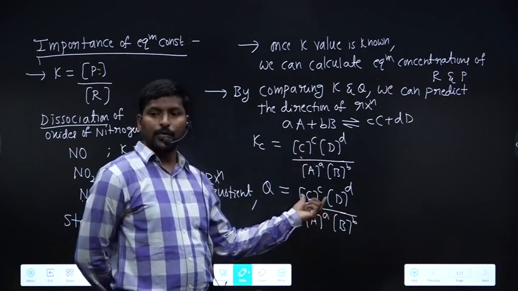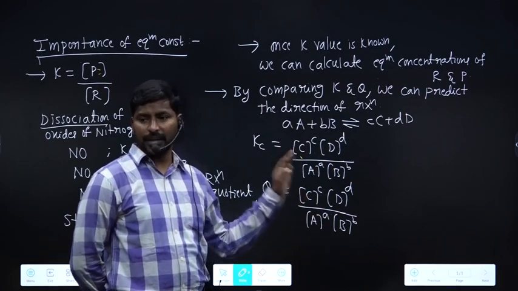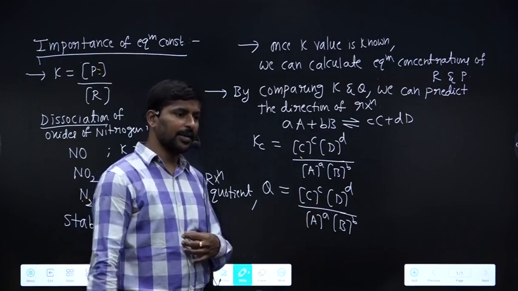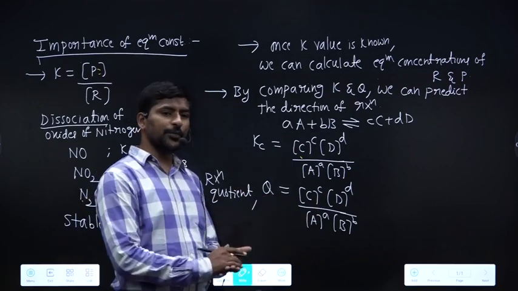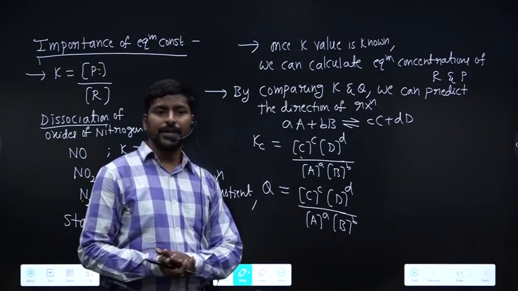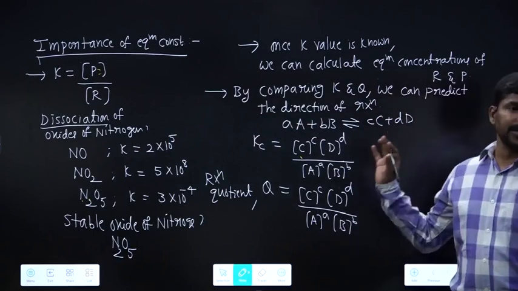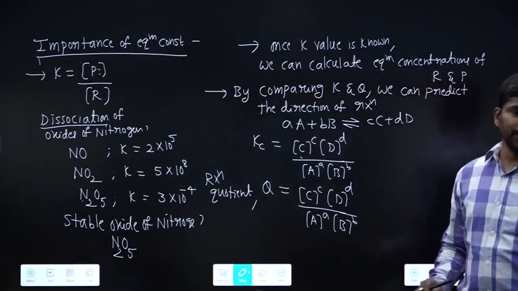Here we can substitute the concentrations of A, B, C, D at any stage of the reaction. During progress of the reaction, what happens to the concentrations of A, B, C, D? Remain the same or change? They change up to the appearance of equilibrium.